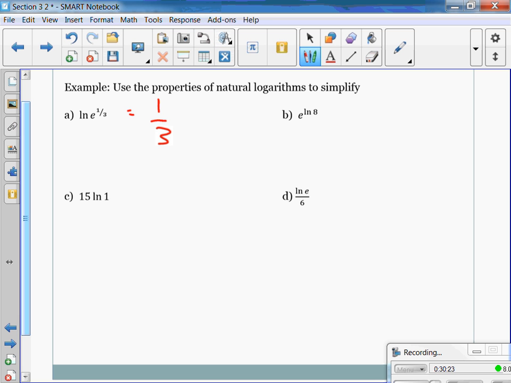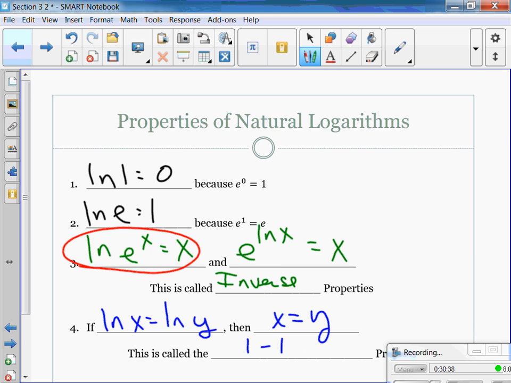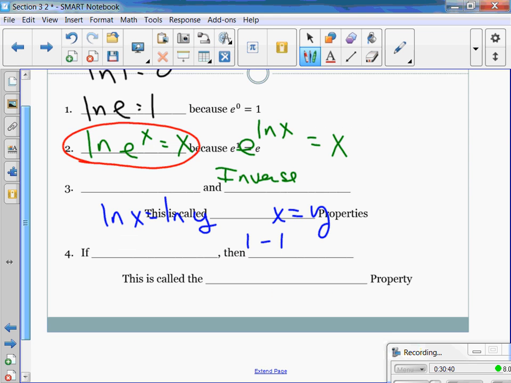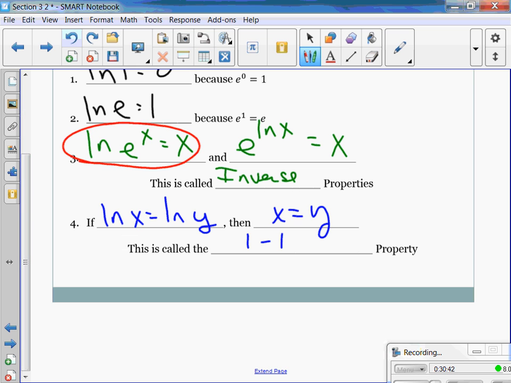For part B, e to the natural log of 8, what are we using here? Absolutely, we're using our other inverse property, e to the natural log of x. So again, all these just disappear, and I come up with 8.